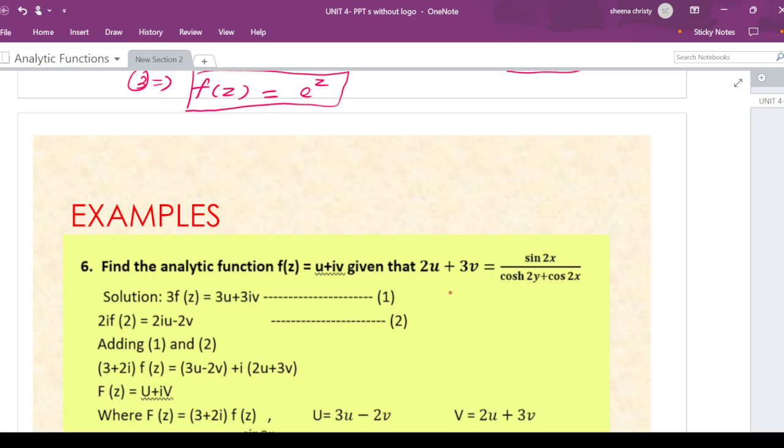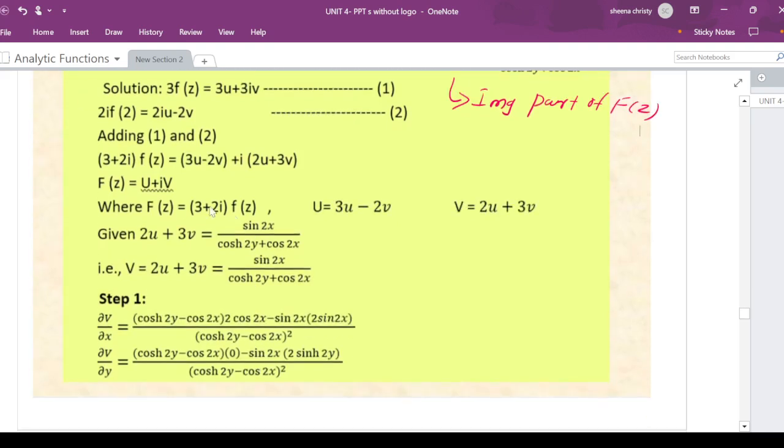Therefore, this problem is the imaginary part of capital F(z). Now, all the other procedures are the same. First, you have to find ∂V/∂x and ∂V/∂y. To find ∂V/∂x, the numerator is a function of x and the denominator is also a function of x.